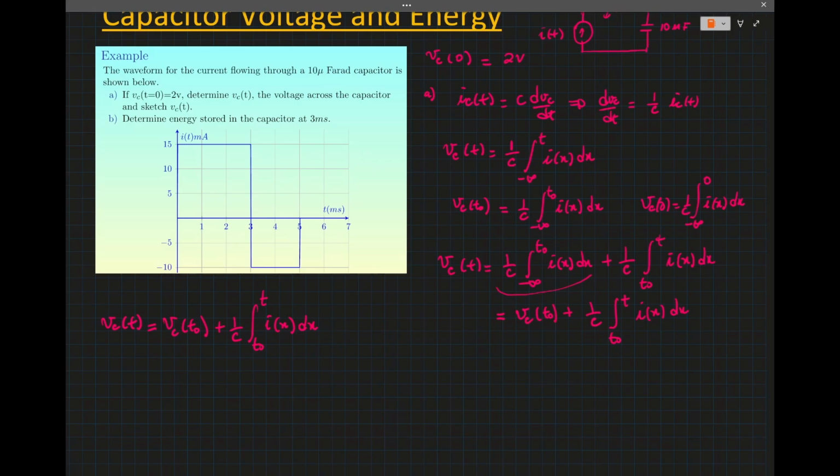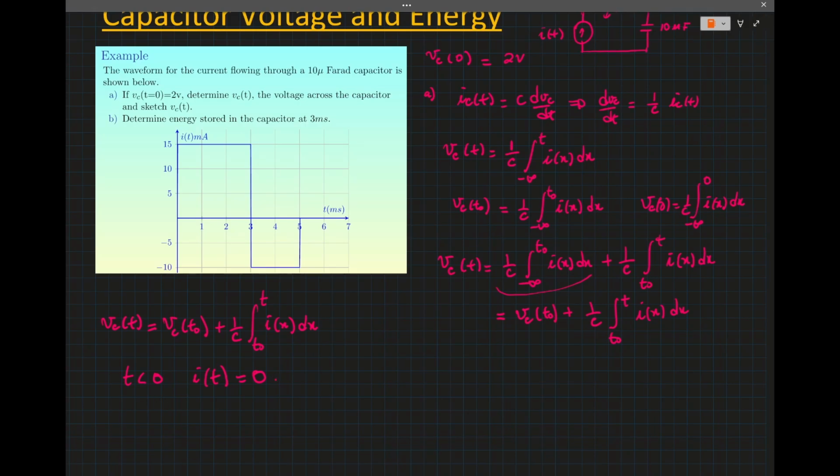The next thing I'm going to do is find the equation of the current for each interval. When t is less than 0, the switch is not closed, so the current I of t is equal to 0.